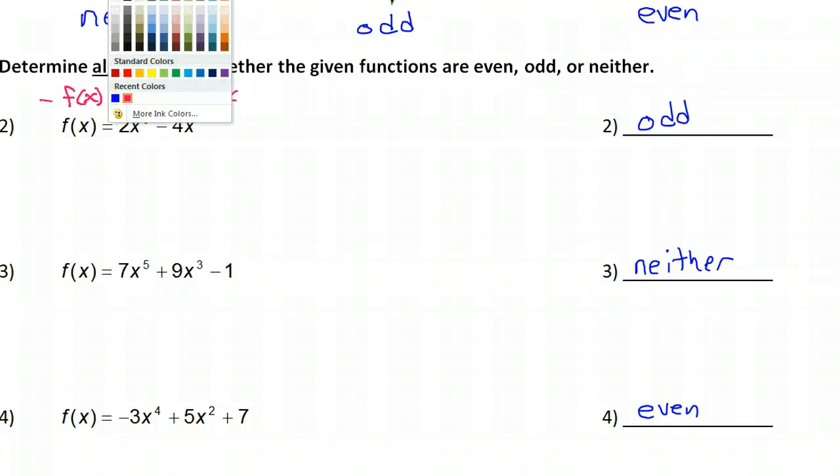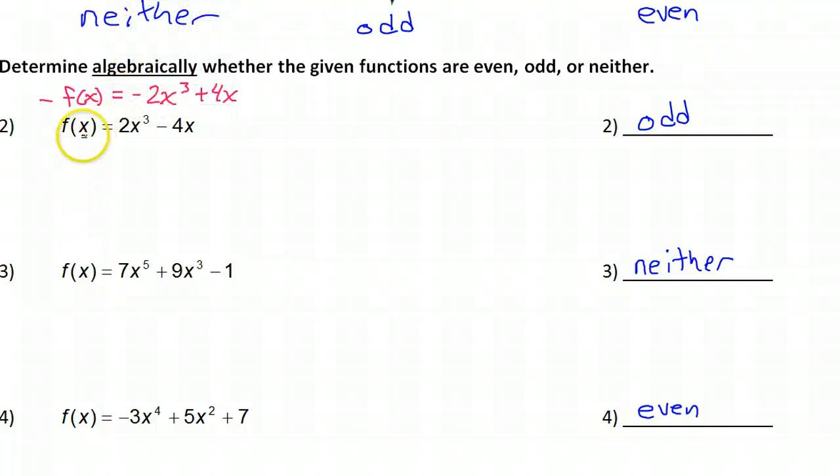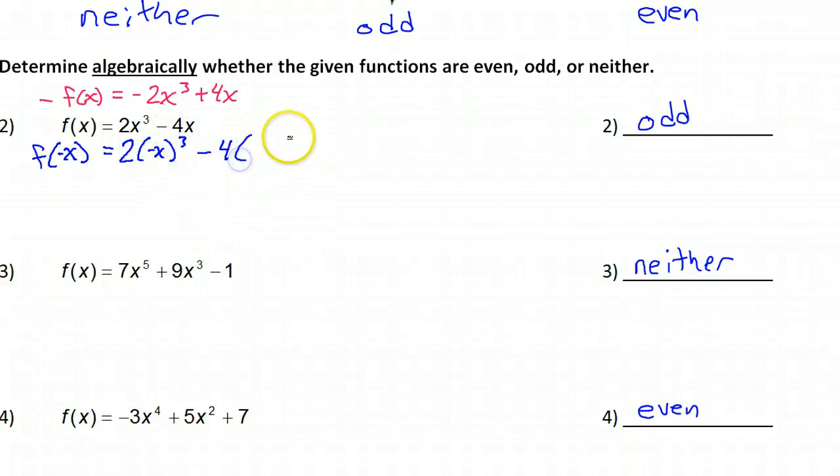The next thing you need to do is substitute negative x for all the x's, and we will write that as f of negative x to show that we are about to plug in negative x everywhere. Alright, just put parentheses wherever you saw an x, and inside that parentheses put negative x.